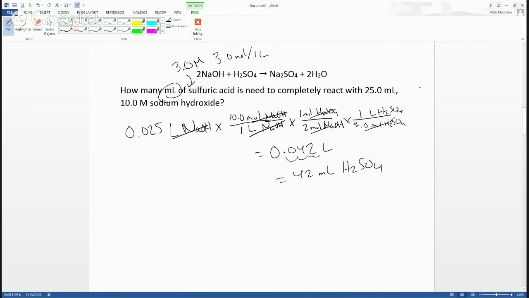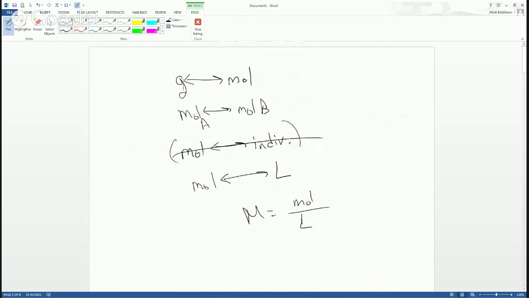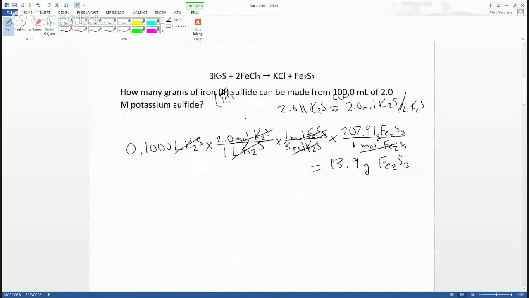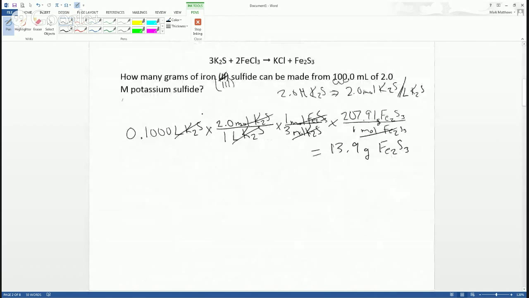For problems like this, people will also try to fudge in molar mass somewhere. Like I said a minute ago, the only time you really need molar mass is to convert between grams to moles. If you're not starting with a mass, or like in this problem, you're not trying to convert your units to a mass at the end, you don't need molar mass.